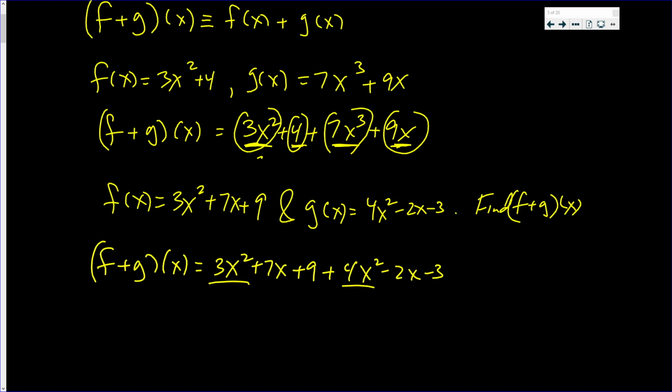And those are x squares. There are 7x squares. These are x's. We have 5 of them. And the constant is 6. And that's the answer. Just add the 2 functions.